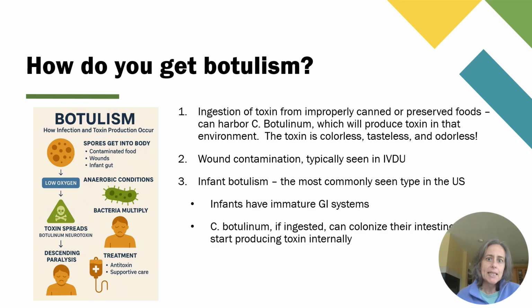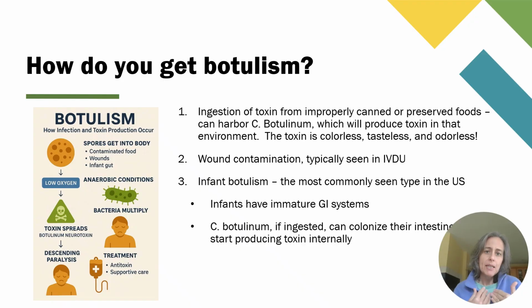So what happens is if an infant eats some of the bacteria, say they were playing in the dirt and they put their fingers in their mouth, or say it was in some honey, because interestingly, these spores of this bacteria are often found in honey because it's a natural product from outside.